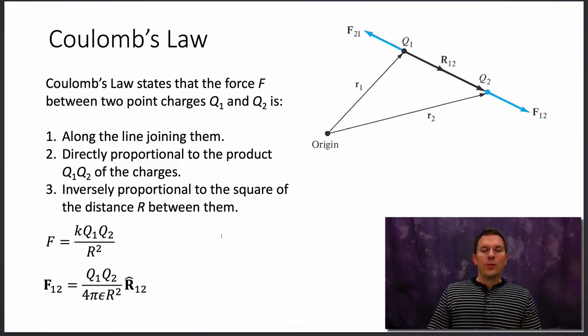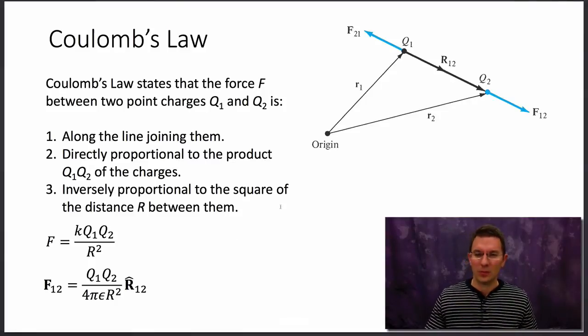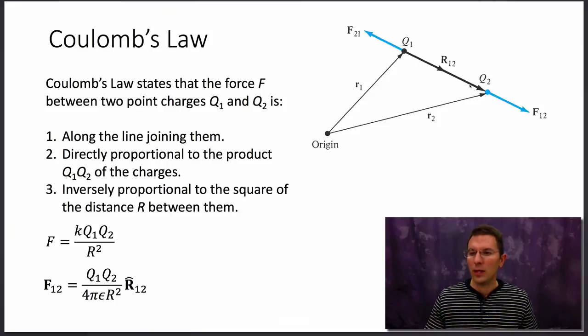Well, the first stop on the track here for electrostatics is Coulomb's law. Okay, and Coulomb's law deals with a very simple situation. We have 2 point charges, Q1 and Q2, located respectively at some position R1 and R2 in three-dimensional space. Okay.